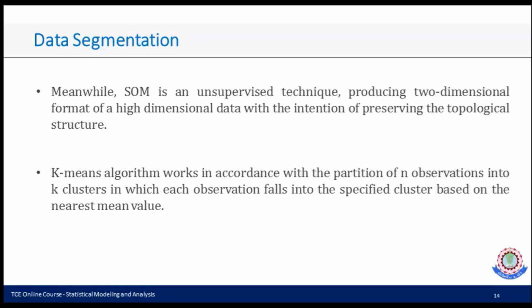And for the next category, K-means clustering, a non-hierarchical procedure, starts with the selection of observations as initial cluster centroids. It then assigns each observation to the cluster that has the closest centroid value.